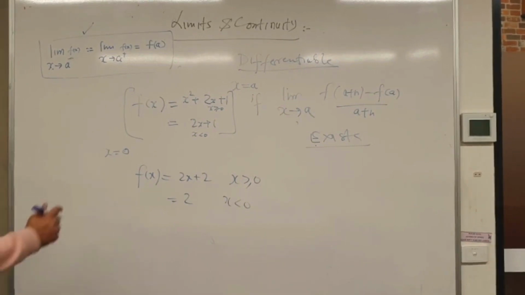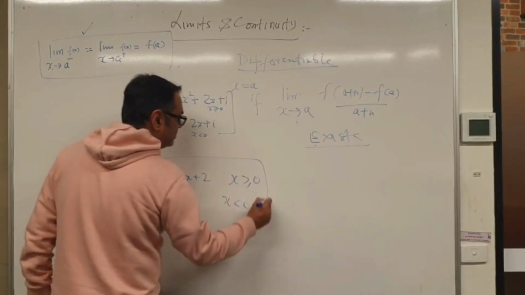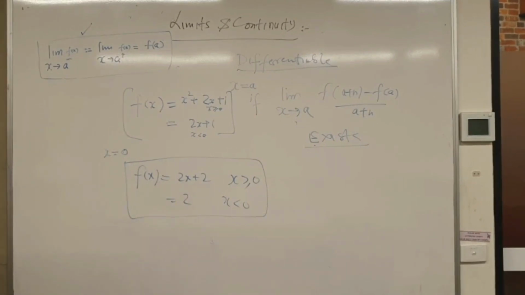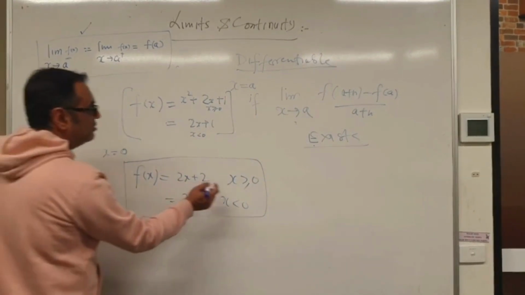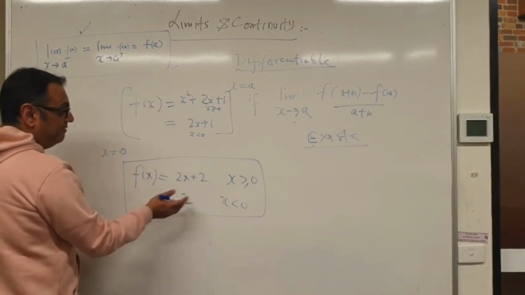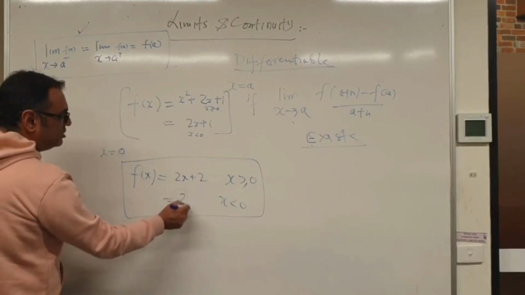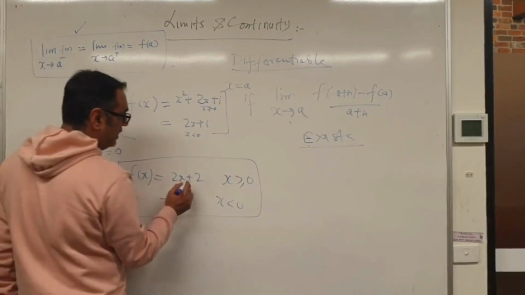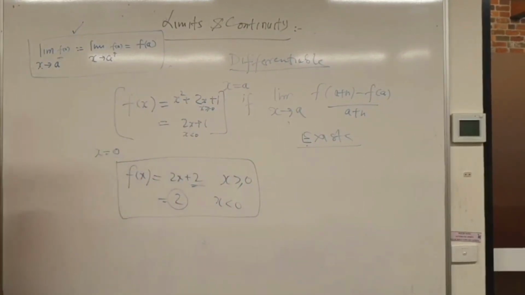Now you check the continuity at x equals 0. So if I plug in the left limit, the answer is 2. If I plug in the right limit, the answer is 2 again, right?